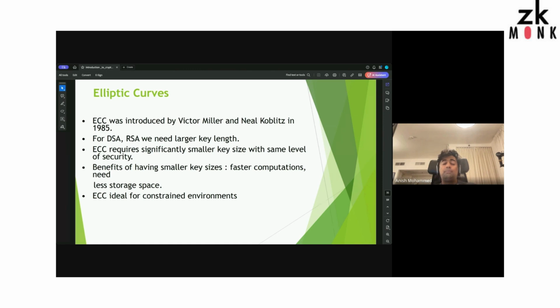So what's the real benefit of having elliptic curves? At that point in time, they were faster to compute, needed less storage space, and were ideal for constrained environments instead of RSA. But for some reason, which I don't know how it happened, Satoshi actually took elliptic curves as a possibility.